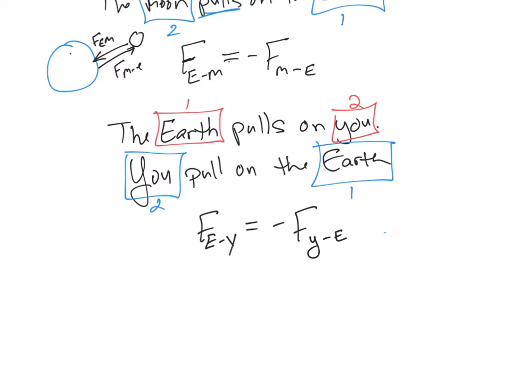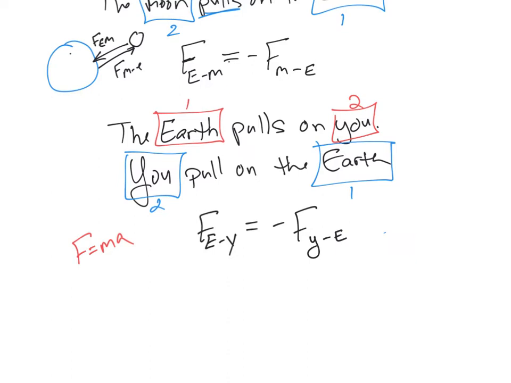Backing myself up just a little bit here. Okay, earth on you, you on the earth, and we are going to remember that force is equal to mass times acceleration. So let's talk about the force of the earth on you.